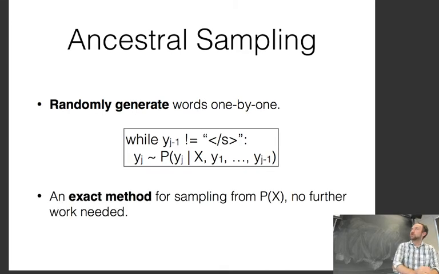And one very interesting thing about this is an exact method for getting things from the probability distribution. This was mentioned very briefly in the materials, but this is worth emphasizing. So there's no better way to randomly generate samples than this ancestral sampling approach. It's unbiased and will give you exactly what you want from the distribution.